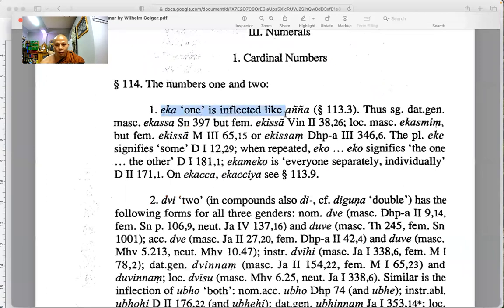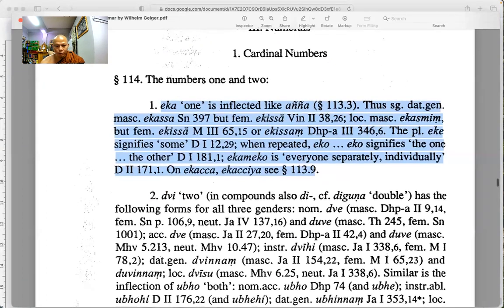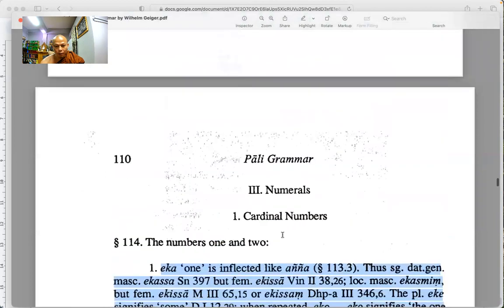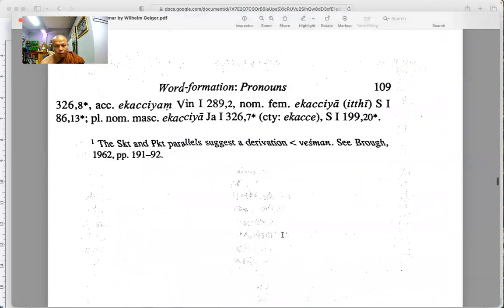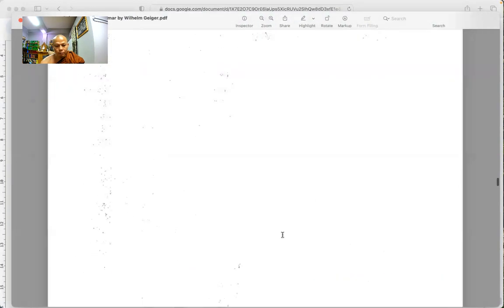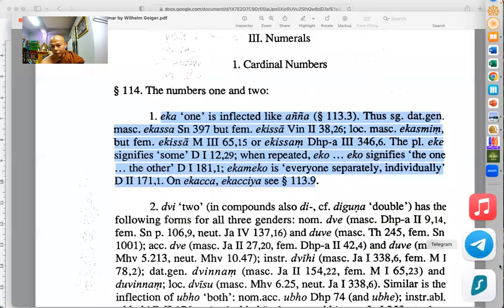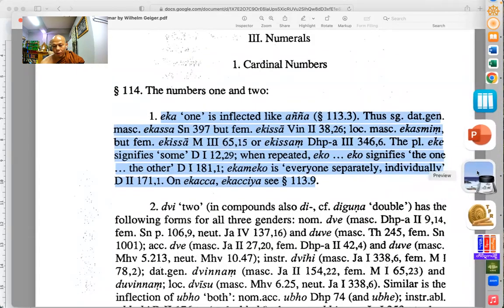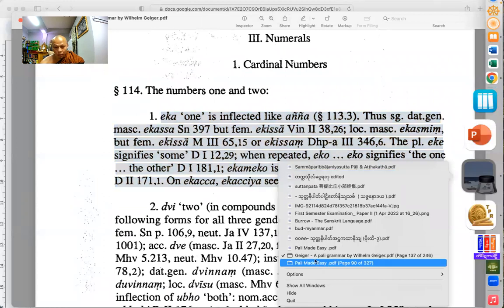So eka, okay, is separated individually. Dwi has two forms, as they are not included here, maybe in the Pali Easy.